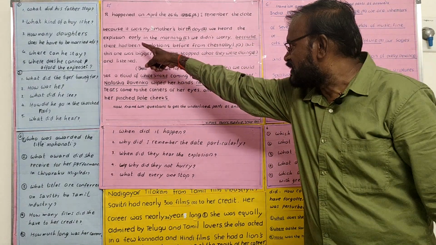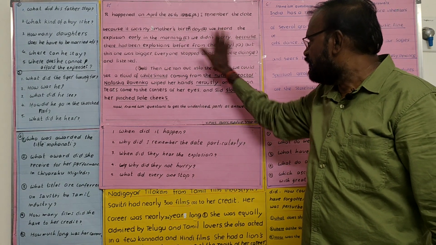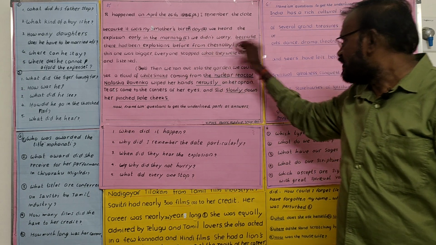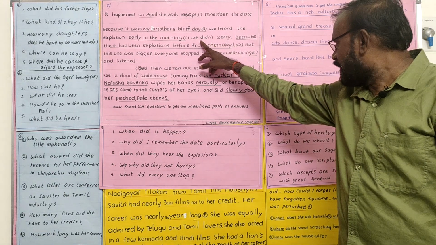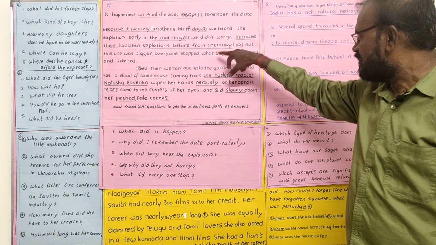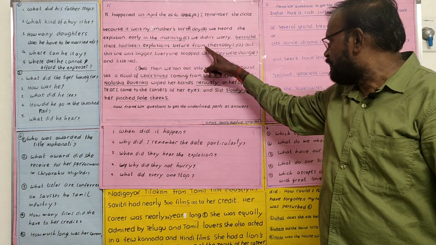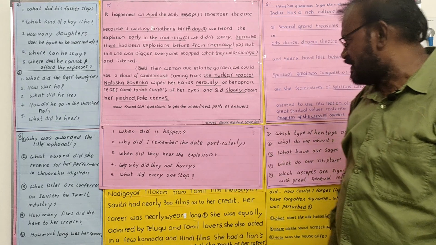We heard the explosion early in the morning. When did we hear the explosion? Early in the morning. We didn't worry. Why didn't they worry? Because there had been explosions before from Chernobyl. When did they hear the explosion?